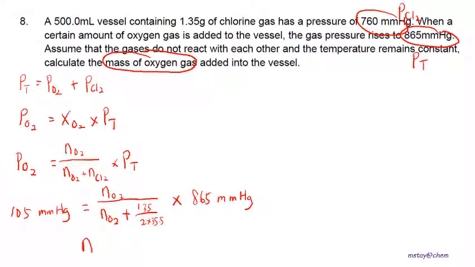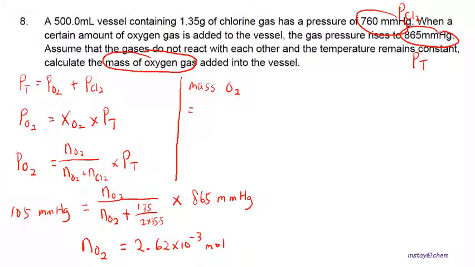Based on this calculation, you will get the number of moles of oxygen gas is 2.62 exponent negative 3 mole. But the question does not ask us to look for the number of moles, it asks us to look for the mass of the oxygen gas.